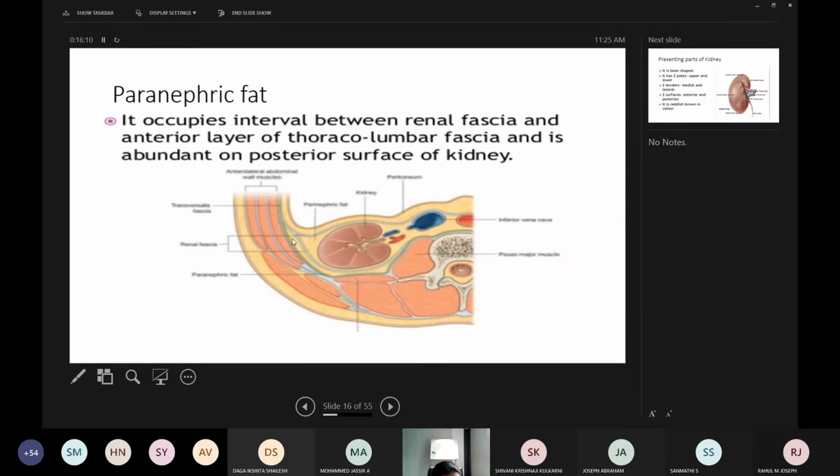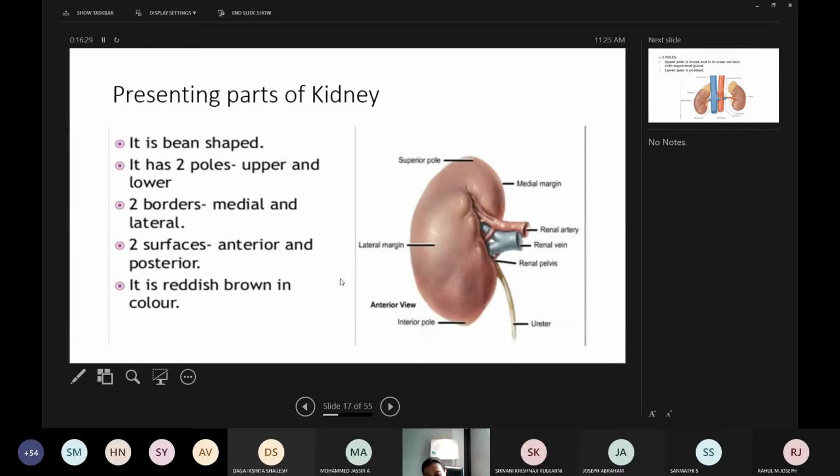So the paranephric fat is enclosed between the posterior layer of renal fascia and the anterior layer of thoracolumbar fascia and fascia transversalis. This whole thing is the paranephric fat which is present behind the kidneys.